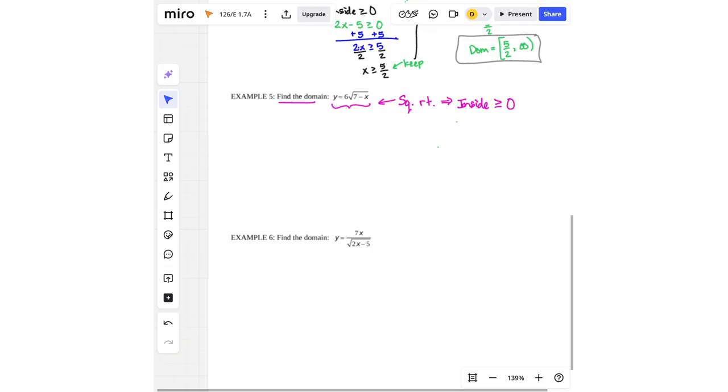So the inside of this expression is, notice 6 times the expression. 6 is outside. It's 7 minus x, that's the inside. So this would tell us that 7 minus x, that's what's under the square root. We consider that the inside.